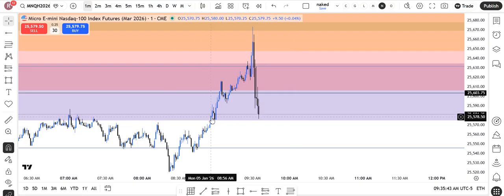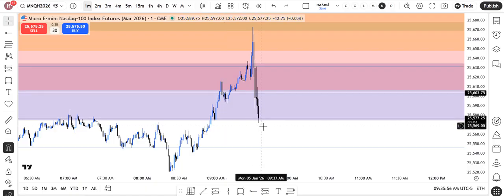That's 28 handles, yeah, about 30 handles. And there's a potential for more.